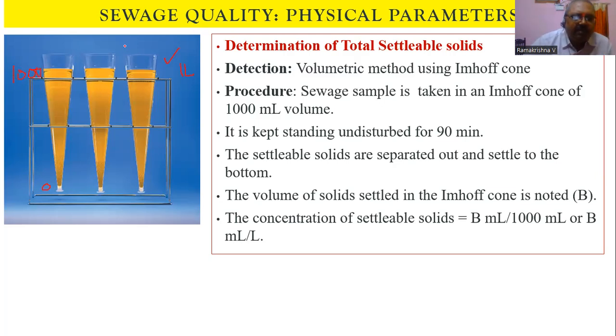So what we are doing is we are keeping the sample in the jar up to the 1 liter mark, and then allowing these contents to stay there for around 45 to 90 minutes. And then all the solids will settle down after that period of settling. And then we'll mark this reading here. We'll note down this volume, whatever the volume is, say 10 ml here, up to 10 ml, for example.